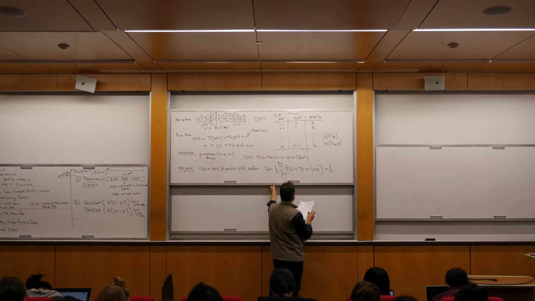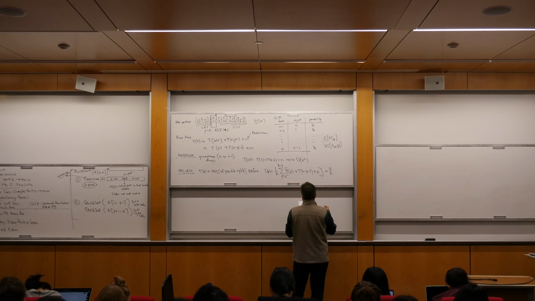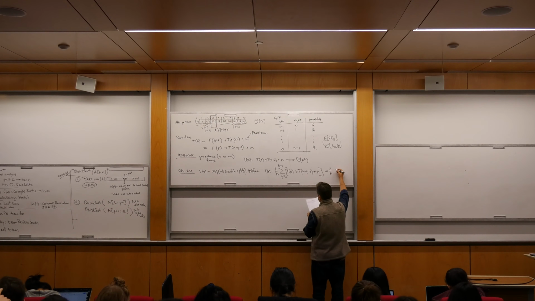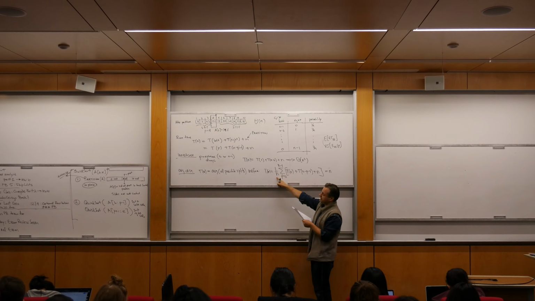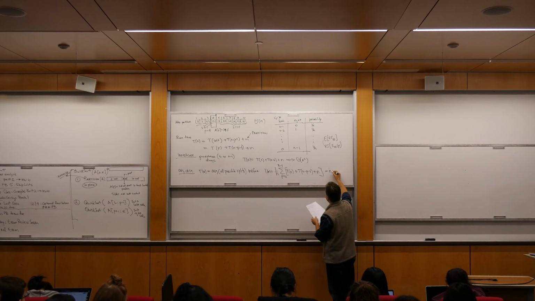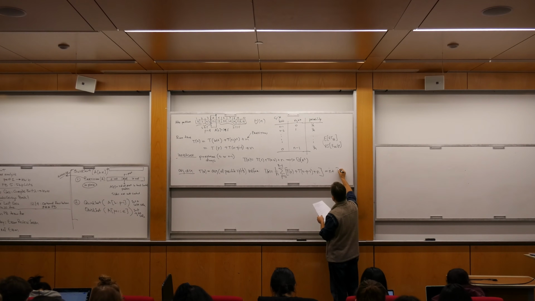What I have here is, let me write the n first. This n, it's n of them, and then it gets averaged by n. It's just an n, plus 2 over n, sum from p equal 1 to n minus 1 of T of p.